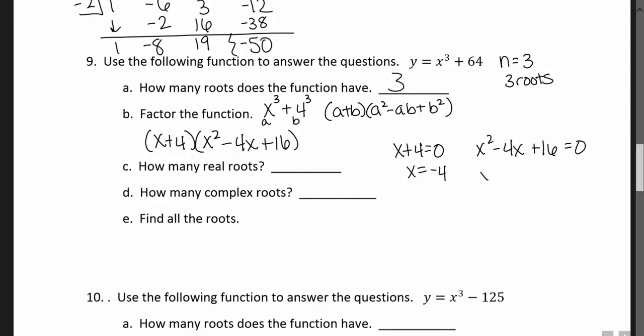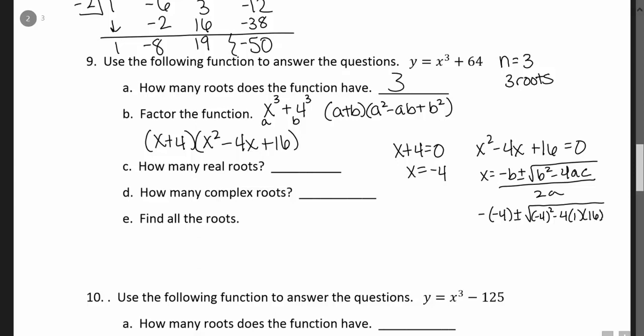So as a reminder, x equals negative b plus or minus the square root of b squared minus 4ac all over 2a. So let's go ahead and do that. Negative 4 plus or minus the square root of negative 4 squared minus 4 times 1 times 16 all over 2 times 1.